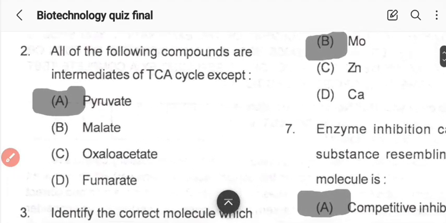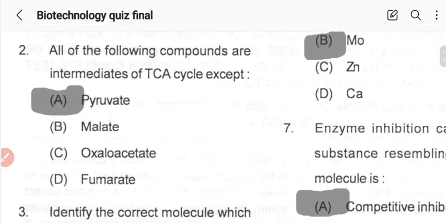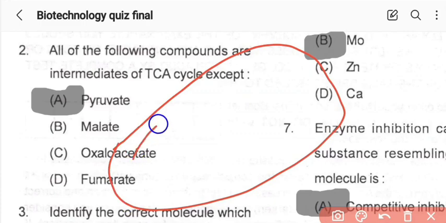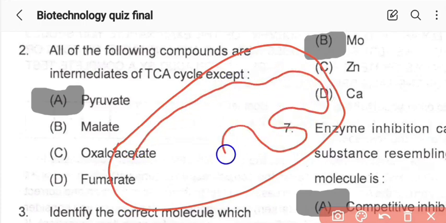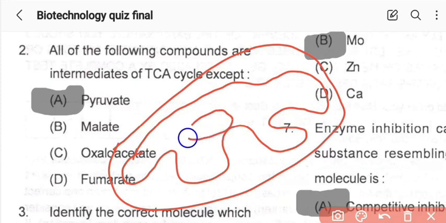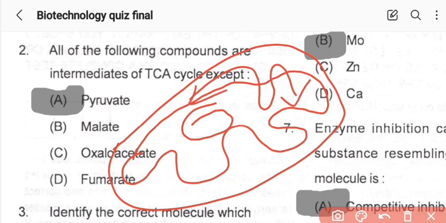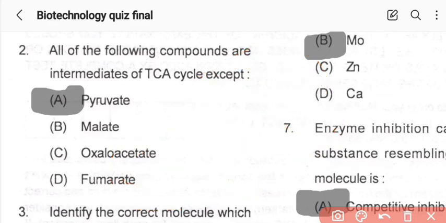All the following compounds are intermediates of the TCA cycle or tricarboxylic acid cycle, and this TCA cycle happens inside the cell of an organism, inside the mitochondria, which is a double membrane structure. In this way it will work. But pyruvate is not part of the TCA cycle.